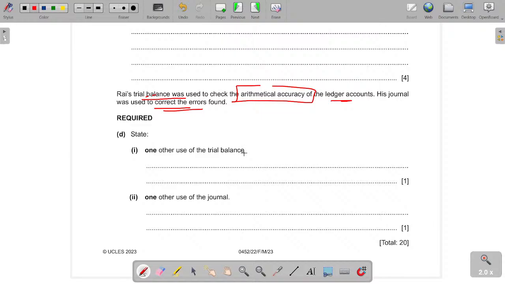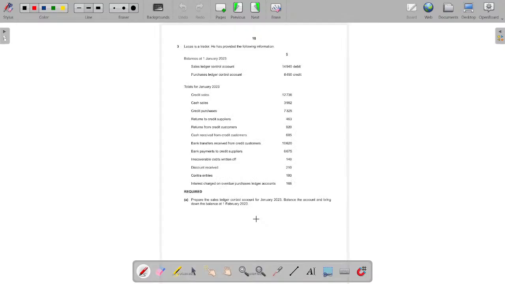It is to verify whether the statements are correct, and we use this trial balance for preparation of financial statements. One other use of the journal: you can list all the uses of the journal here, and you can write only one, that's more than enough.